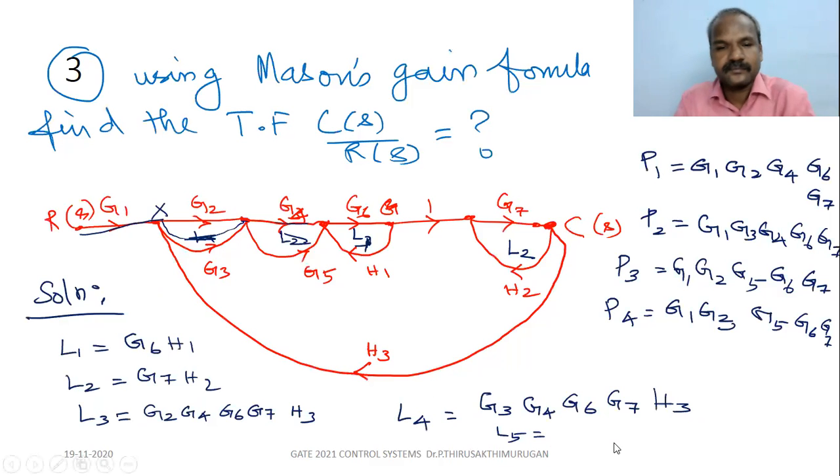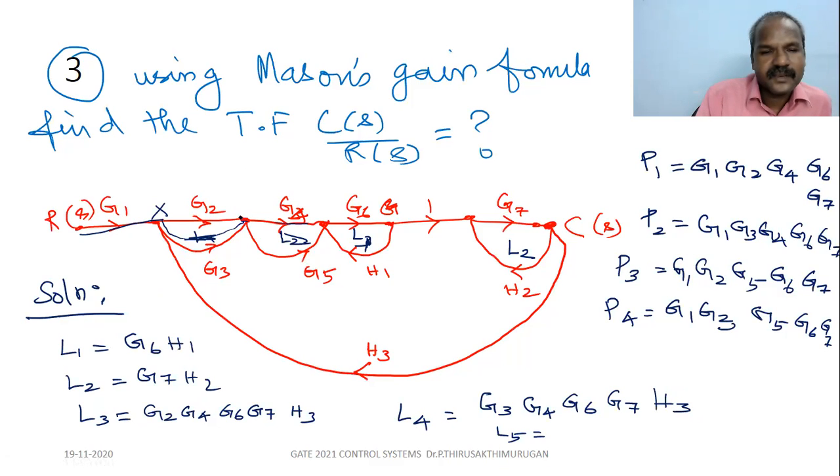Starting from this node, G3, G4, G6, G7, then H3. Then from here, if you start here, G4, G6, G7, H3, G3.